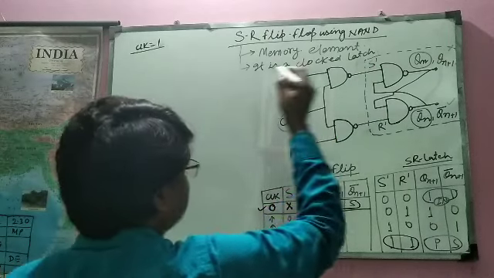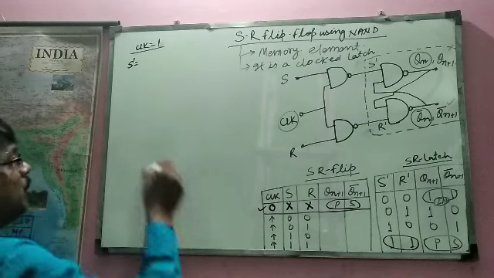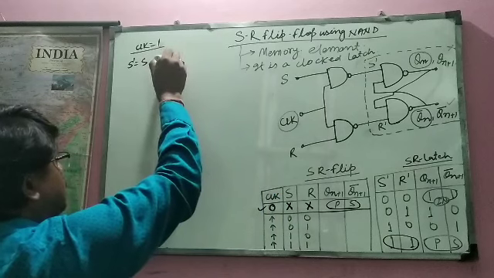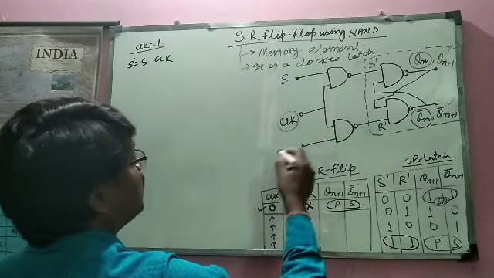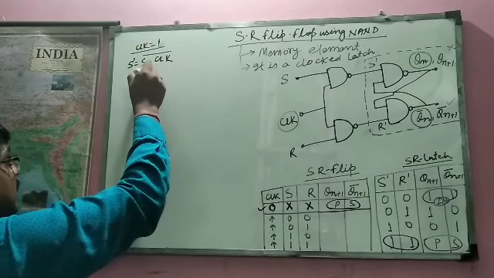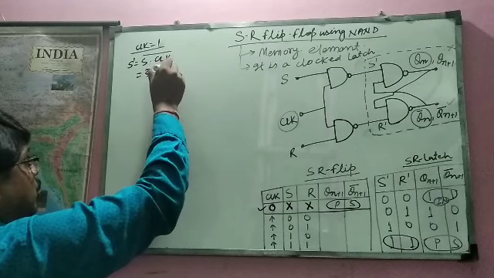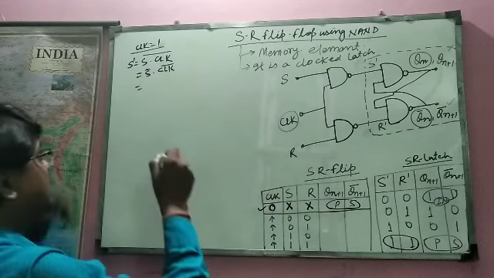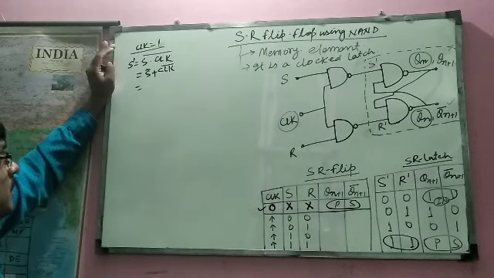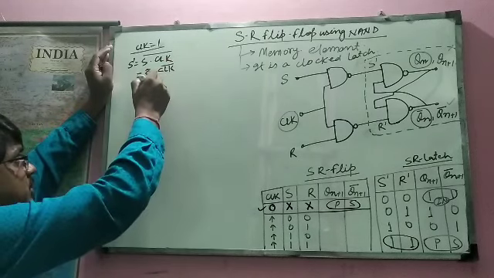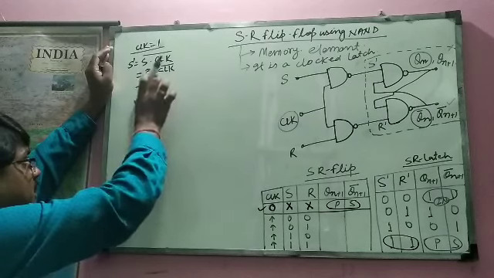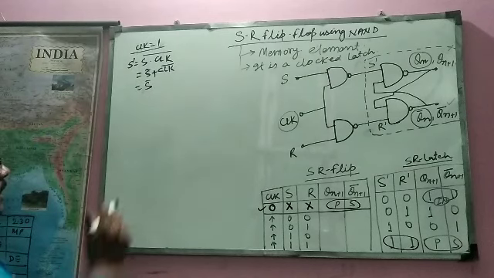S dash will be equal to S into clock, whole bar, that is S bar plus clock bar. Since the clock is 1, 1 bar will equal 0. So S dash will be equal to S bar.